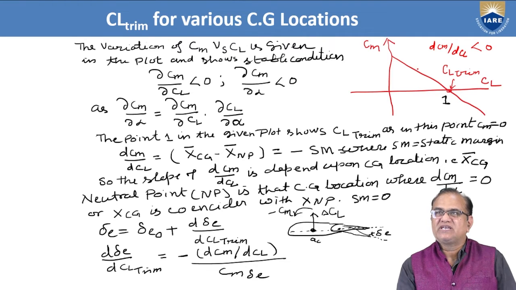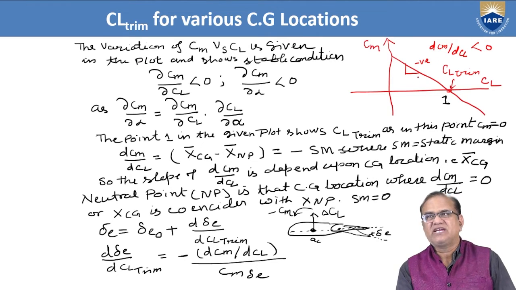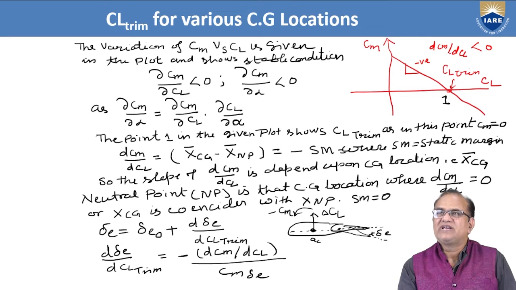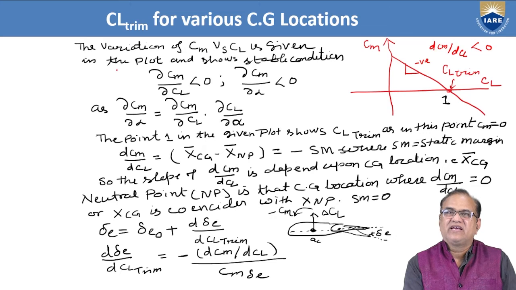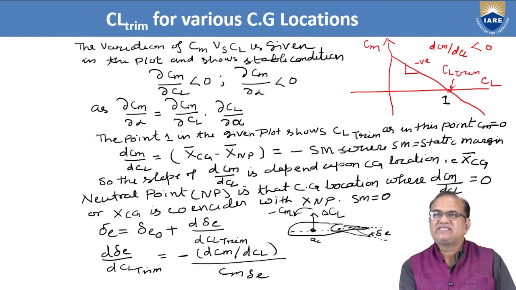Here, the slope of this plot is negative. This slope is negative. So dCm by dCl is less than 0, and dCm by d alpha we can write as dCm by dCl into dCl by d alpha. So this dCl is cancelled out.